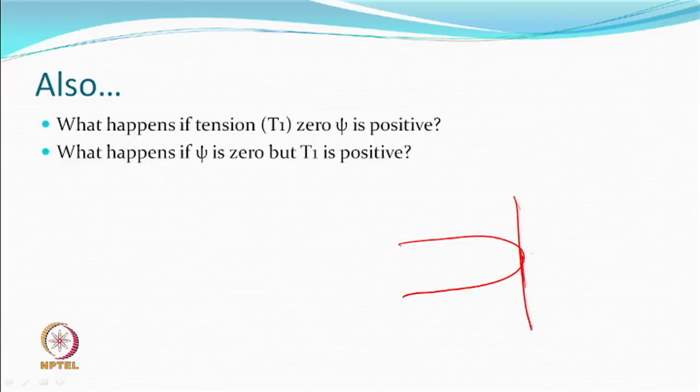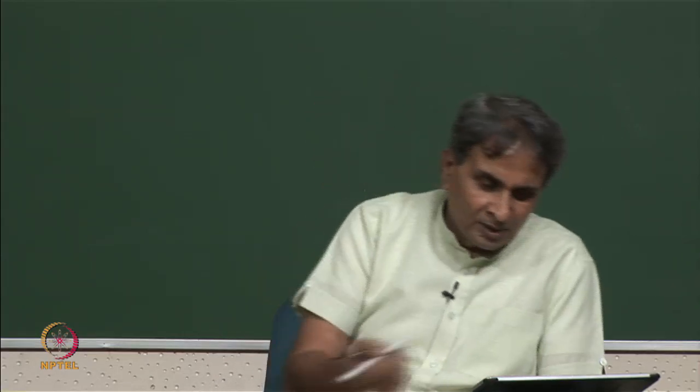This is a point contact. What will happen? No twist again, right?